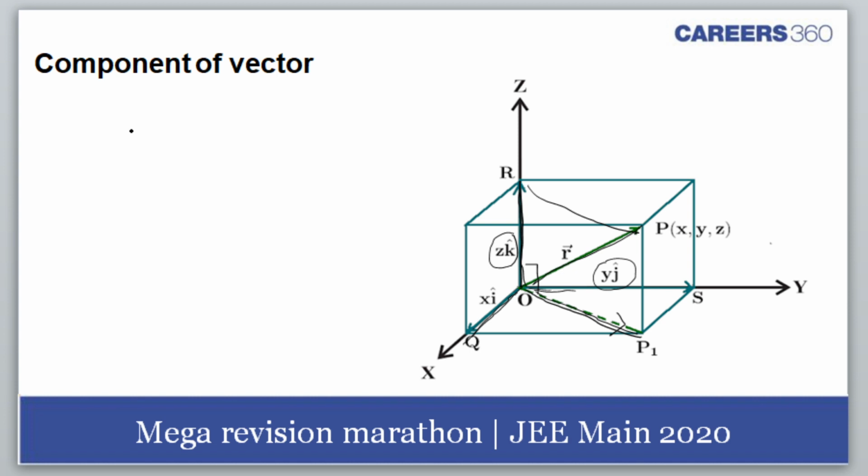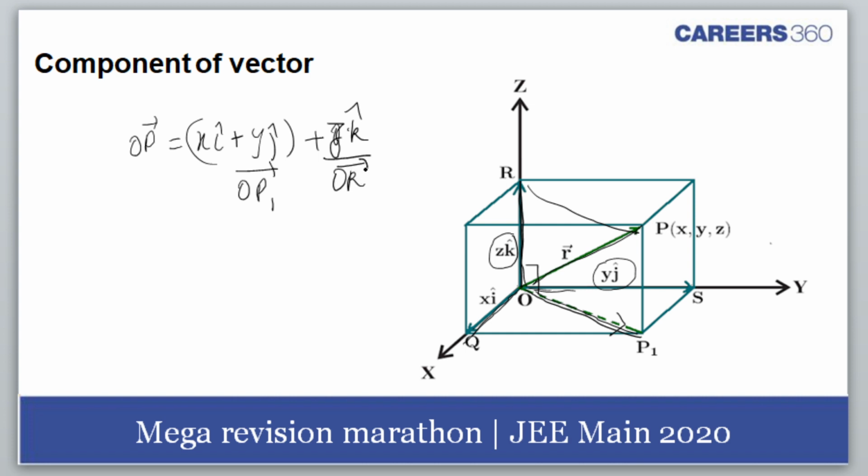So the resultant would be nothing but the sum of xi plus yj. That is the first thing which we did. That was the OP1 vector. And then I added the OR vector to it, which is zk. And that finally gives me the vector OP. I hope you understand.